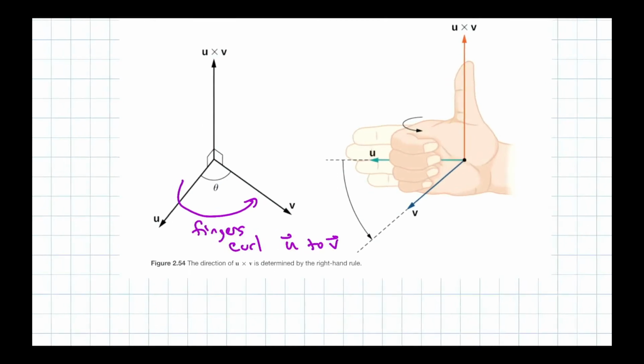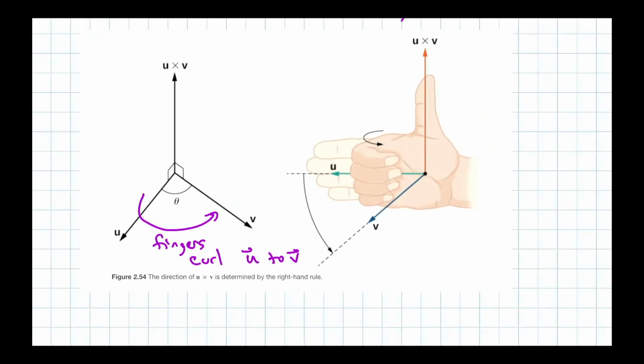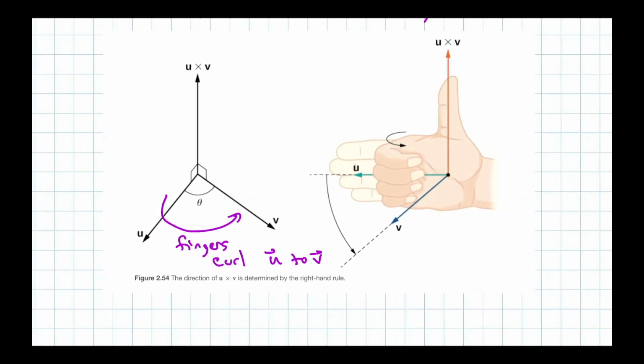So first you go here and then you go here. Your fingers hit the U and then they hit the V, so around this way. Then your thumb points in the direction of U cross V.